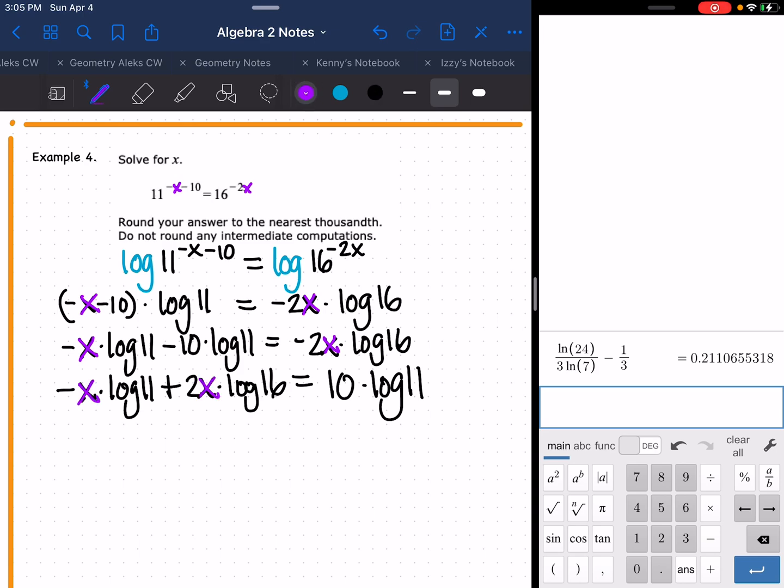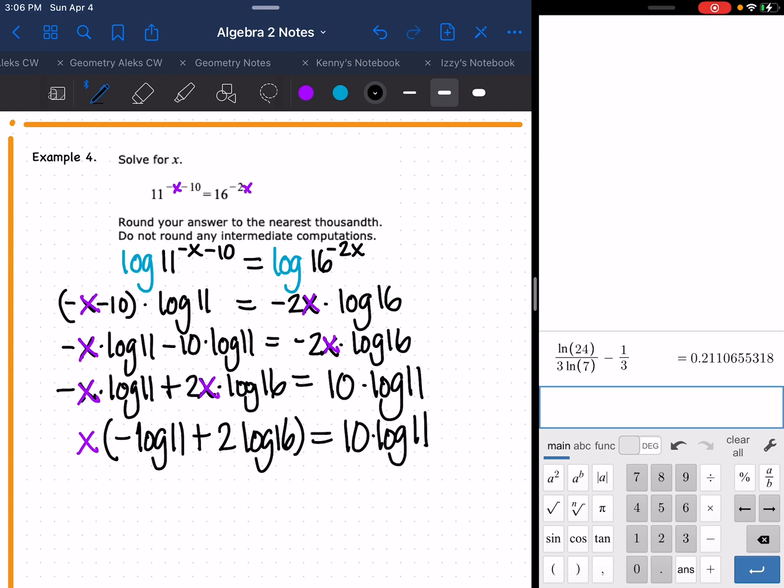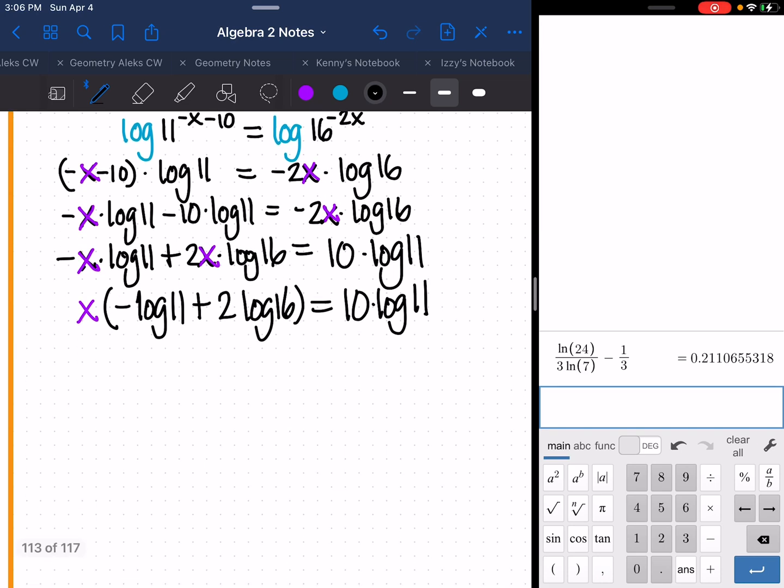And so the next thing I'm going to do is factor out the x. So I'm going to put x, and I'm going to put a parentheses, and then I'm going to show what's left when I take that x away. Well, from the first one, I get negative log 11 plus 2 log 16. And then I'm doing nothing to this side over here. Now I can think of this as x times this that I factored out.